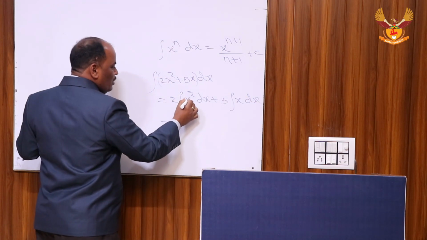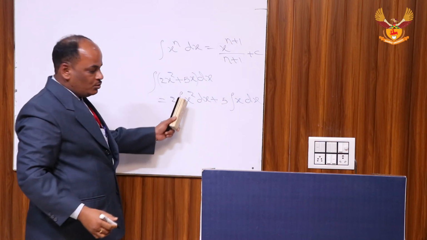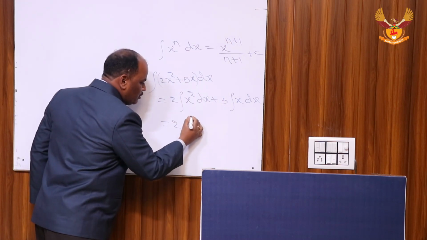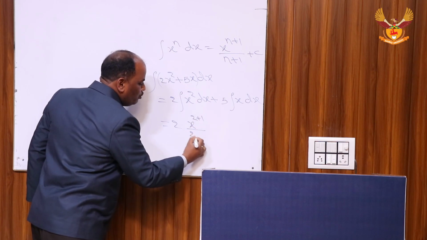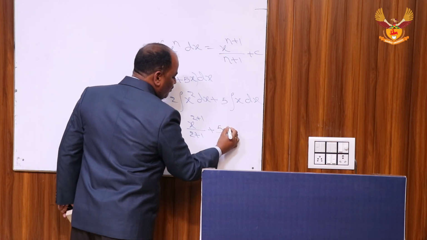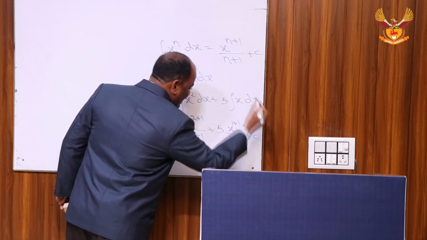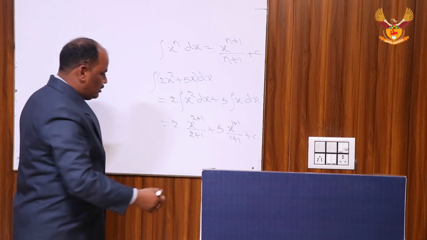For the first term, using the formula with n equal to 2, we get x power 2 plus 1 upon 2 plus 1, plus 5 times x power 1 plus 1 upon 1 plus 1, plus the integration constant c.